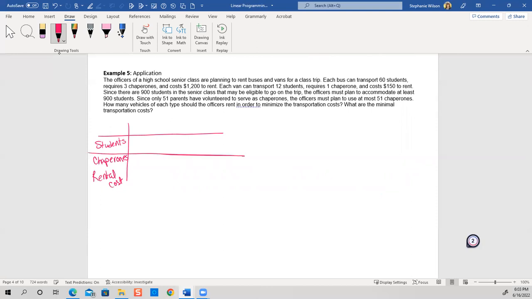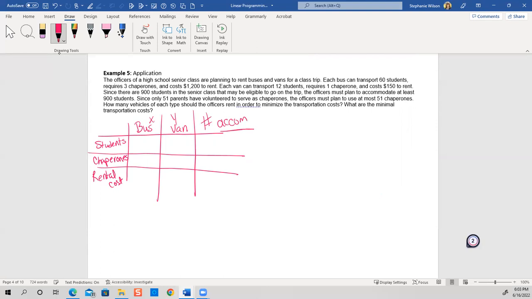Now I can separate my columns into x's and y's. I'm going to let x be my buses and y be my vans. And then my final column is going to be the number to accommodate.